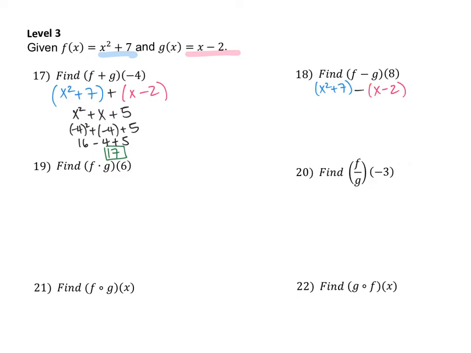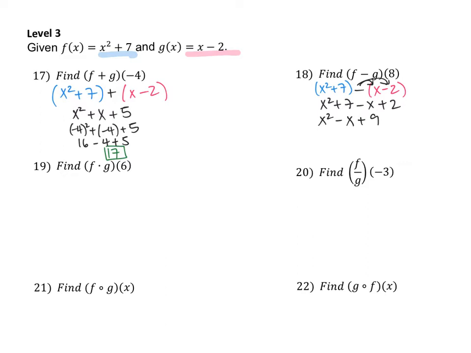So like I said, parentheses are important when you're doing combination functions. So in this case here, I would have x squared plus 7 minus x plus 2. And so I can combine the 7 and 2 together, bring down everything else. 7 plus 2 is 9.